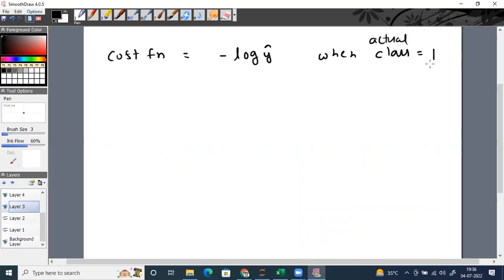And same cost function is minus log of 1 minus y hat when your actual class is 0 class, or non-default class, because default class is taken to be 1. So the other class will be your non-default class.